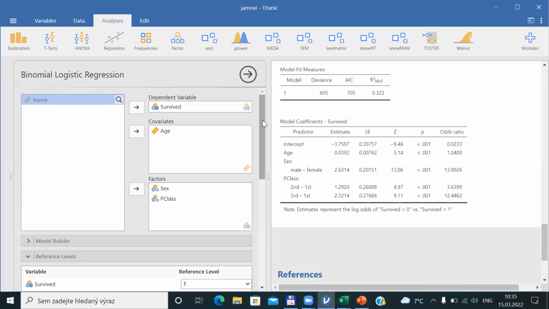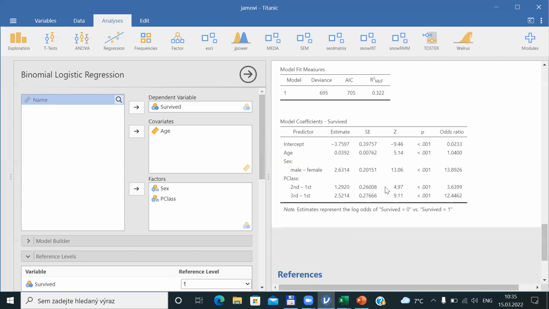So for a minute, we will forget about properties of this Titanic data, and we will pretend that these data can be used for some generalization. So I will briefly discuss generalization tools that are present in logistic regression.